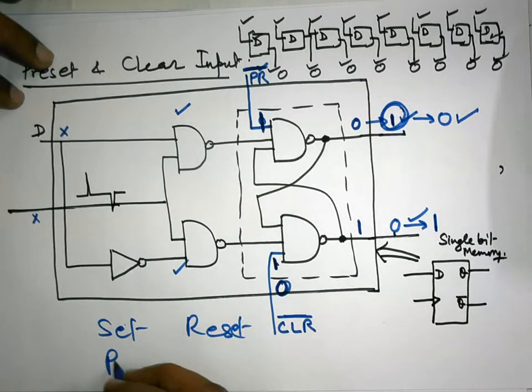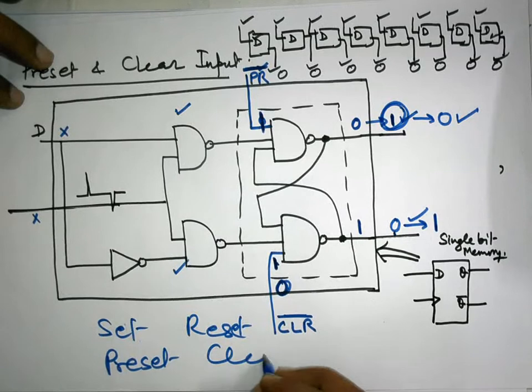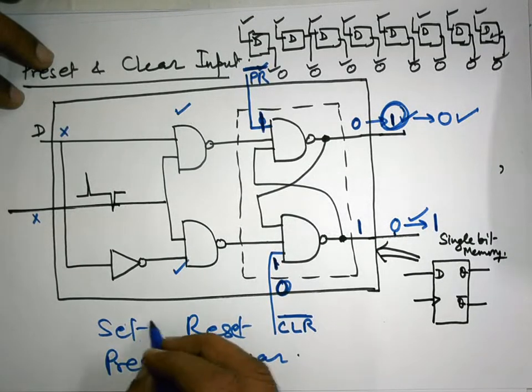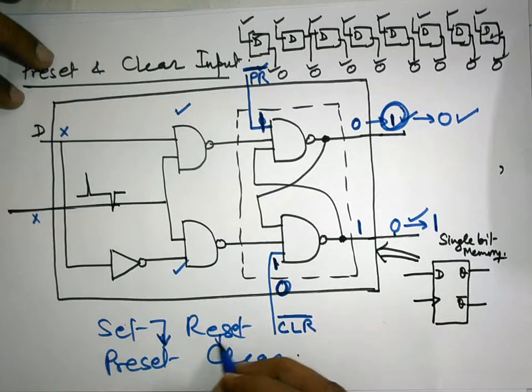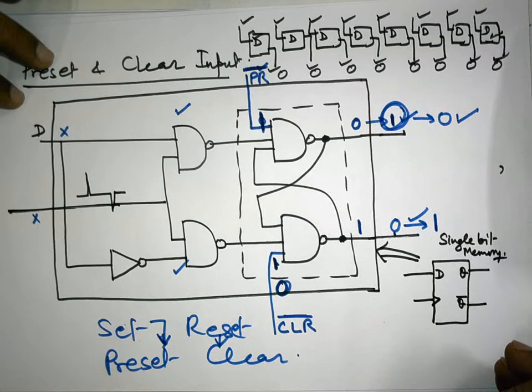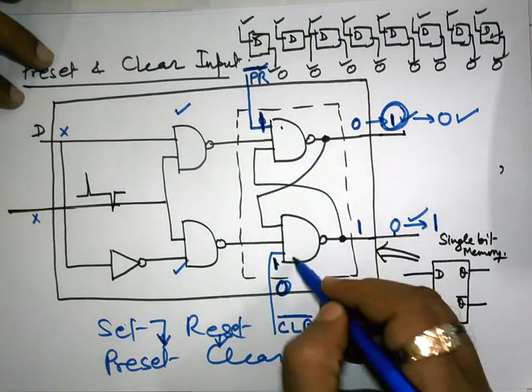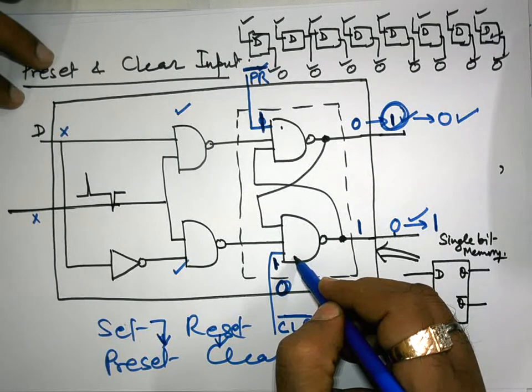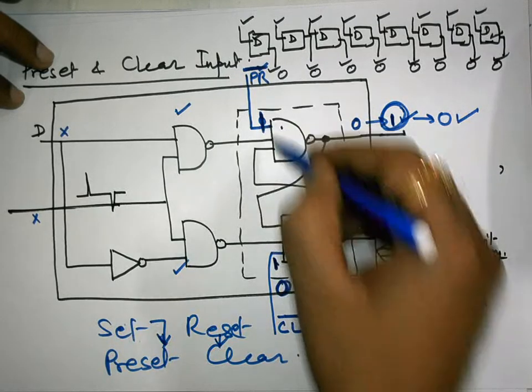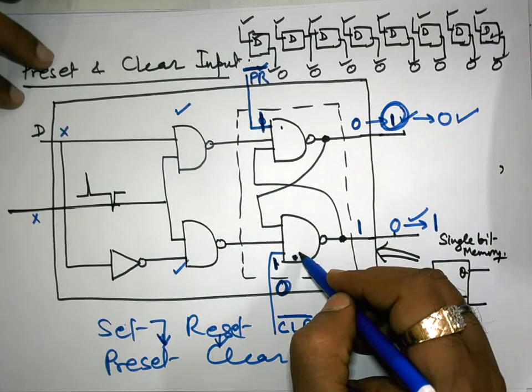Now I am saying preset and clear. There is a one-to-one relationship between this and this. In fact, we are inserting that SR input over here. This asynchronous SR input, a separate SR input has been inserted over here. Getting my point? And this SR input is known by the name preset and clear.